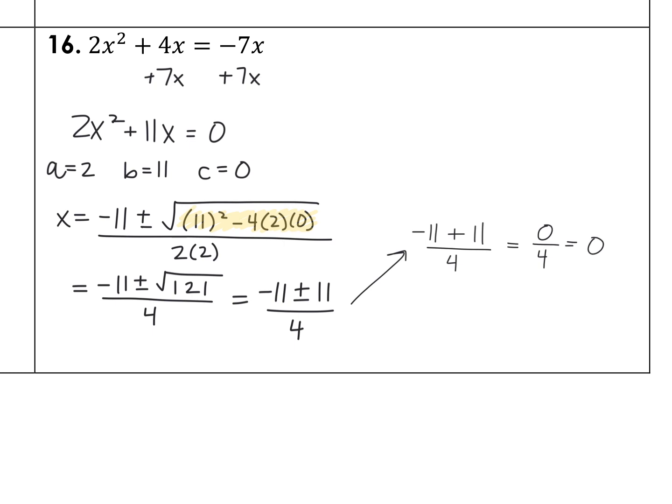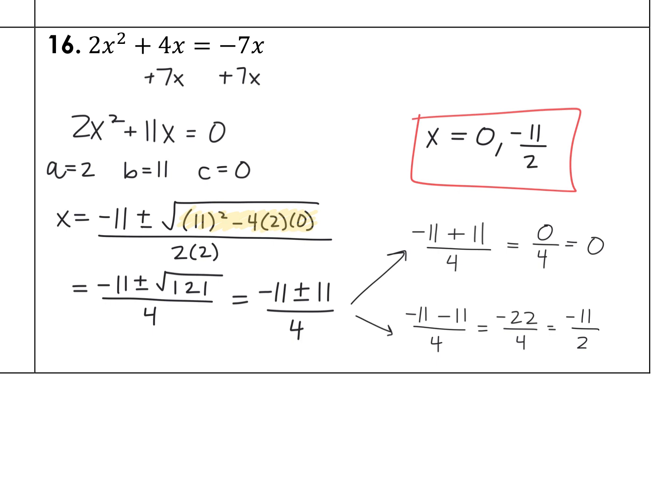So one of your answers is 0. The other one, we'll do negative 11 minus 11 over 4, which would be negative 22 over 4. You can reduce this because they both divide by 2, so your answer is negative 11 halves. So you get two answers here. X could be 0, x could also be negative 11 halves. So if you can reduce it like that, get it all the way down to two separate things, then of course you should, okay?